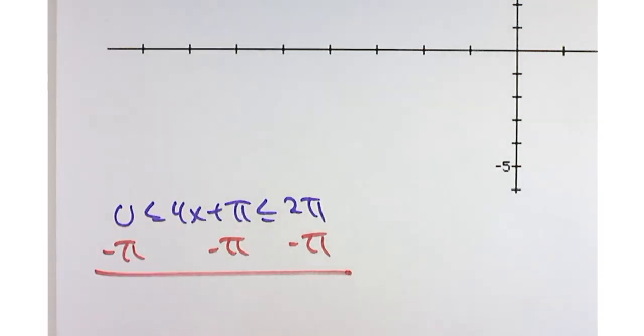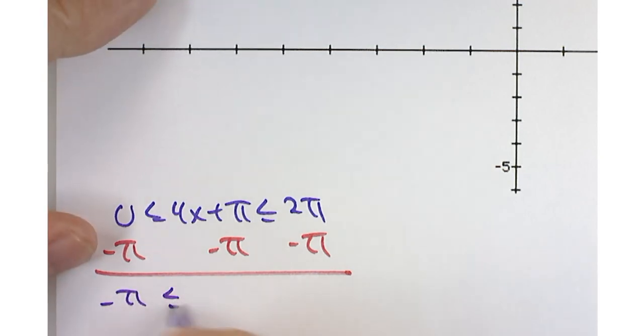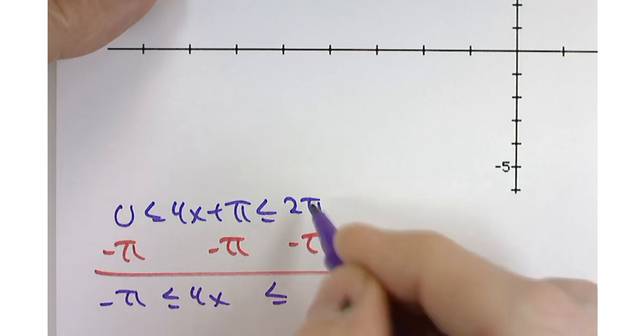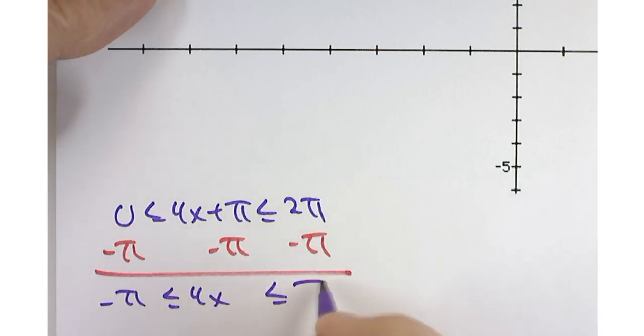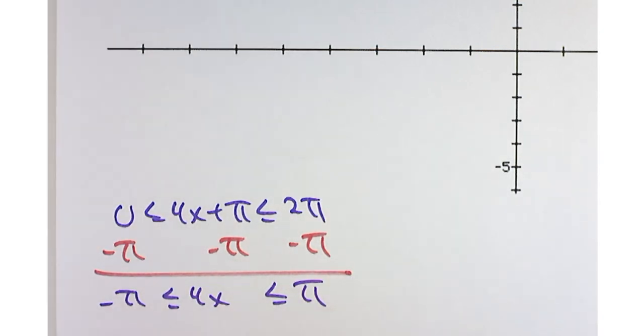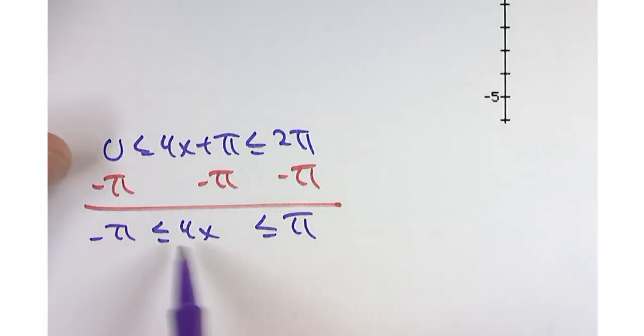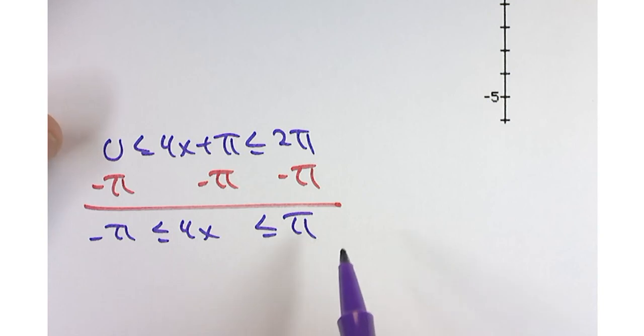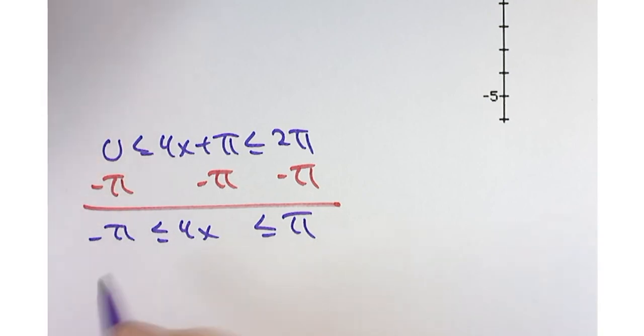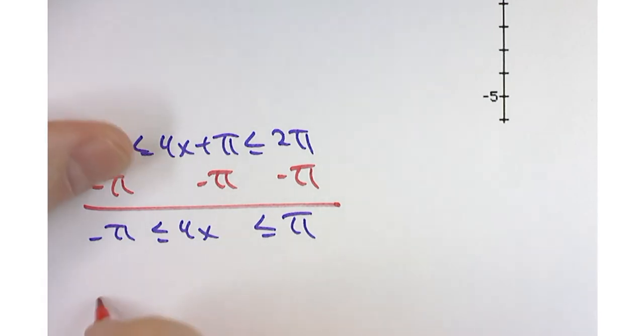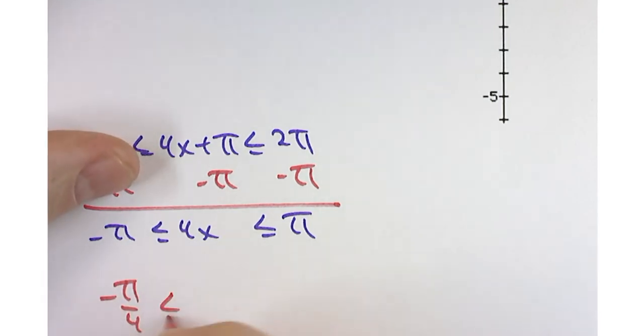That'll give me negative pi is less than or equal to 4x is less than or equal to, well, 2 pi minus pi gives me pi. Okay. Then what? Well, to finish solving, I want to divide everything through by 4, right? So that'll end up giving me negative pi over 4 is less than or equal to x is less than or equal to pi over 4.